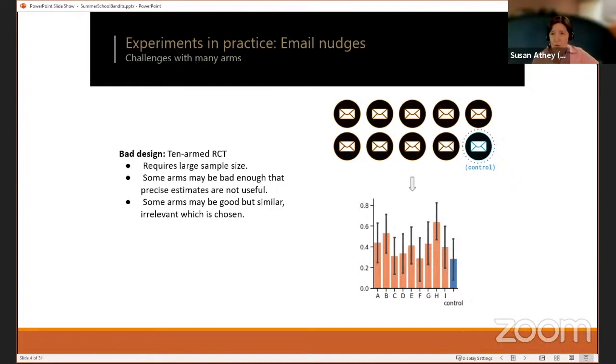But afterwards, you're going to look back and realize that you actually wasted a lot of data, because you may have gathered a lot of data about bad arms which ultimately aren't going to be used. And you might have more precision than you need on arms that aren't going to be very interesting from the perspective of choosing a policy later.